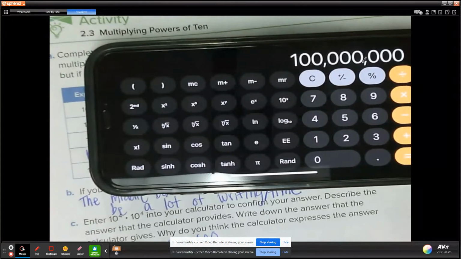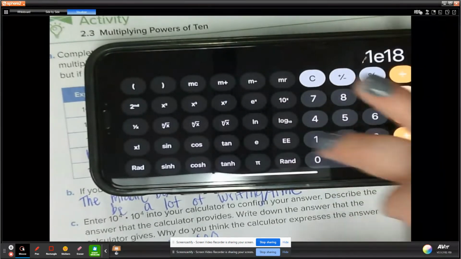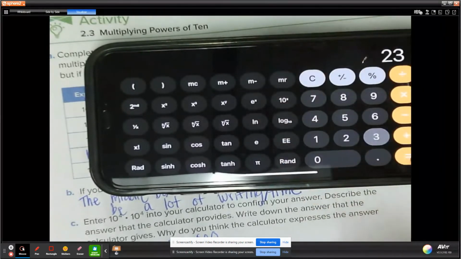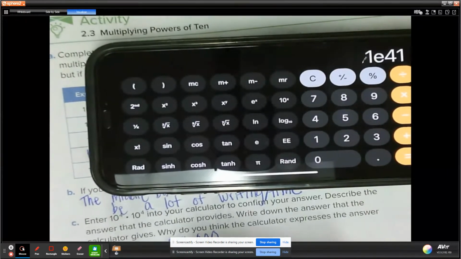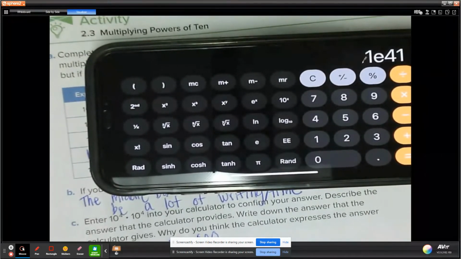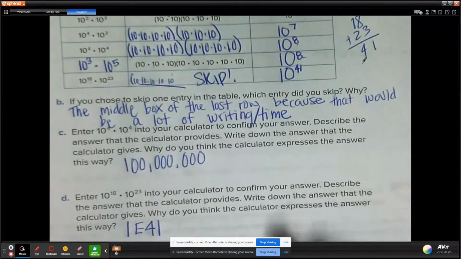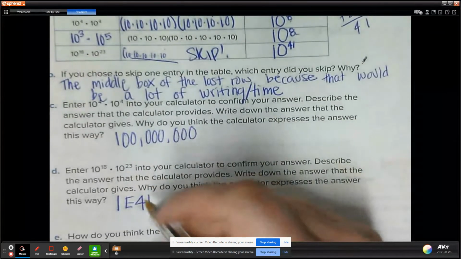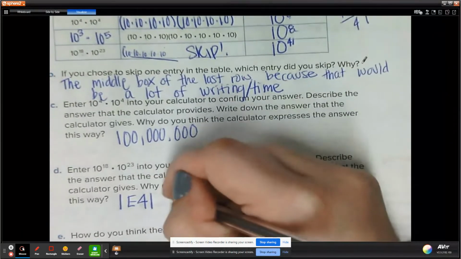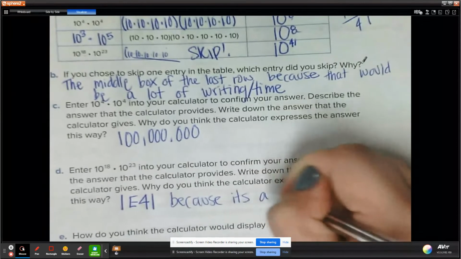Enter 10 to the 18th times 10 to the 23rd. It says 1E41. Why do we think it does it that way? Because it's a really, really big number. But on our calculators, it shows 1 times 10 to the 41st power.